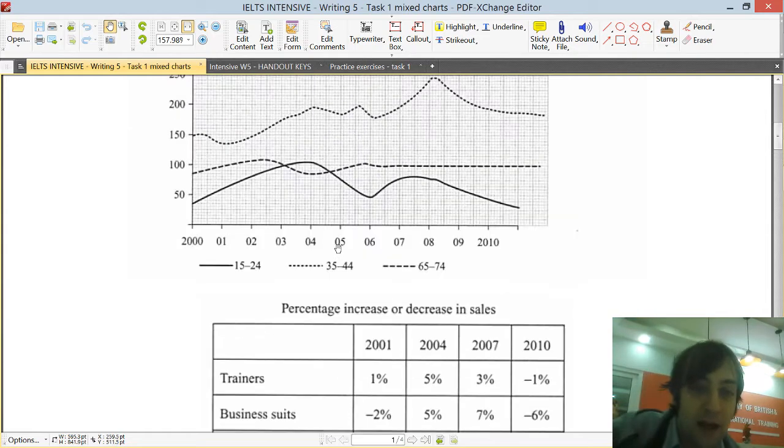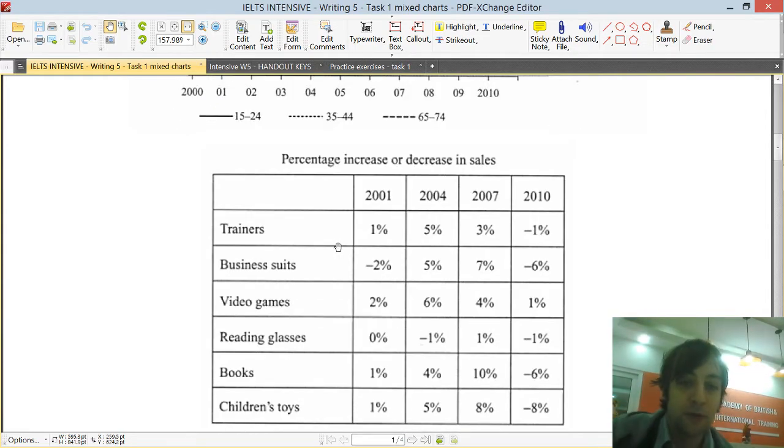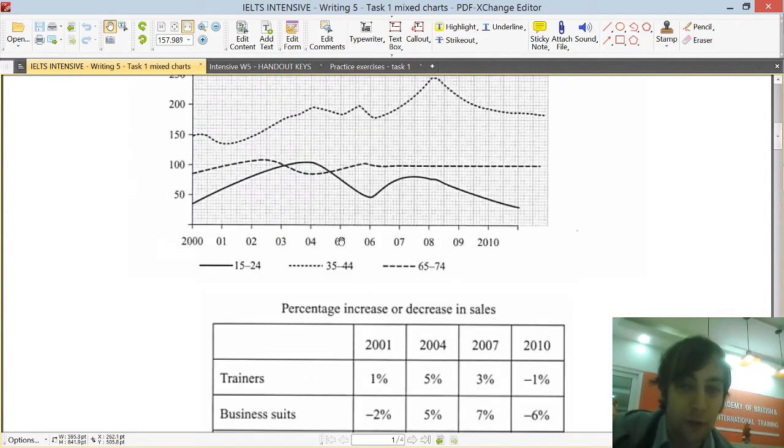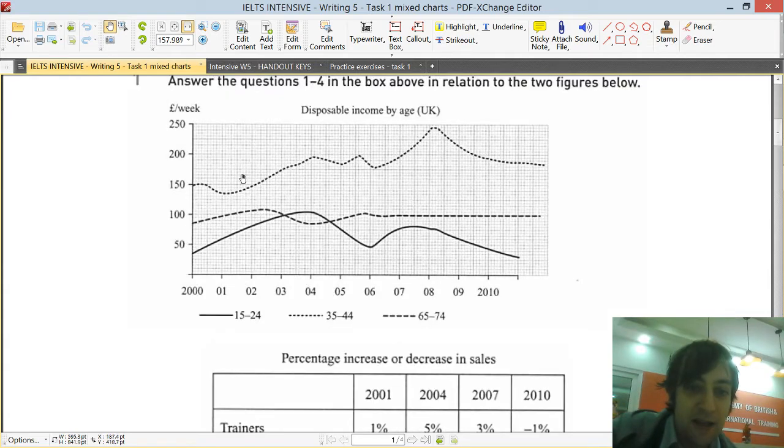We could also look at a few other aspects that would help prove this cause and effect relationship. Let's have a look at the 35 to 44-year-old age group who have the most disposable income.